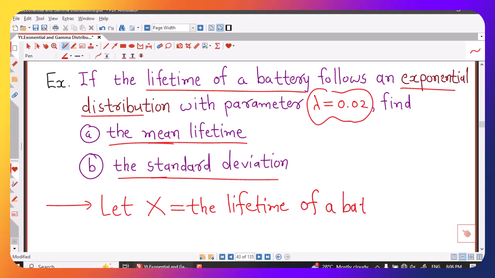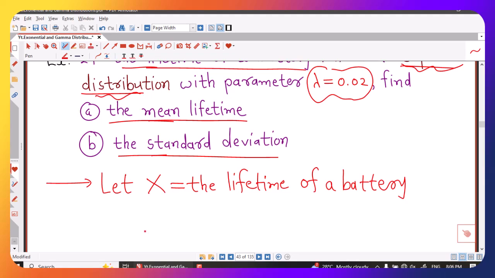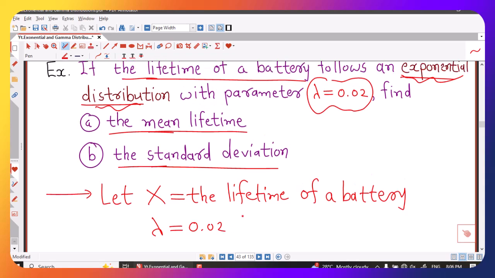This is the random variable here, and it is given that the lifetime of a battery follows an exponential distribution. That means this capital X is an exponential random variable and the rate parameter is given as 0.02, and using this we have to calculate the mean lifetime. Lifetime is denoted by capital X. So mean lifetime means expected value of X or mean of X, and we have to calculate the standard deviation.